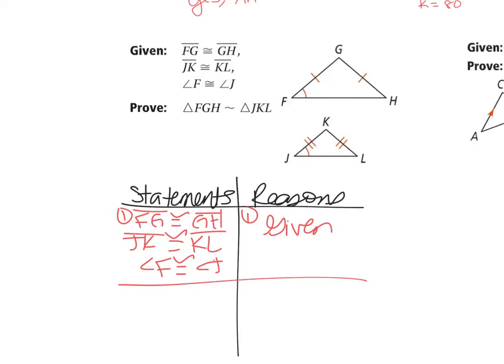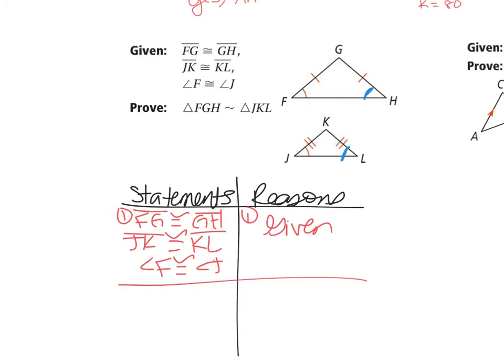But no big deal. What do you notice about the sides on these triangles? What kind of triangle does it make if you have two congruent sides? Well, hopefully you thought isosceles, because two congruent sides make an isosceles triangle. And if you remember about isosceles triangles, that means the base angles are going to be congruent. Okay?